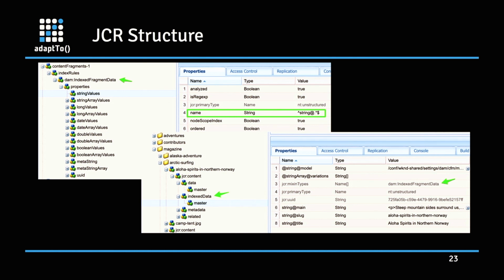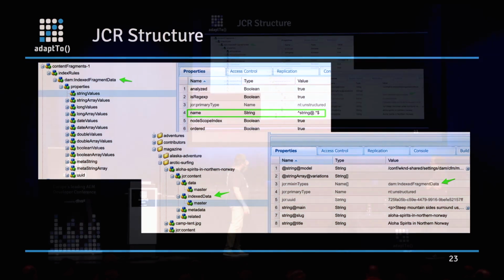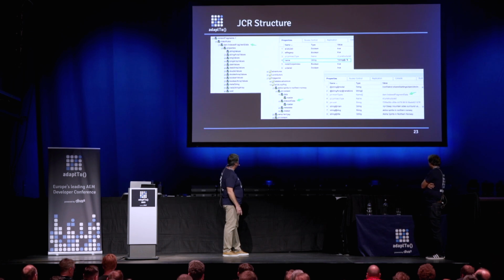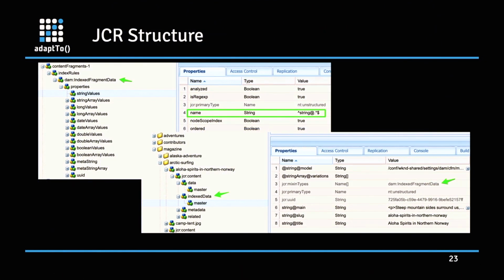On this screenshot you see that when I edited a content fragment in the editor, it just added the new mixin type to the index data, master, which is the variation. And you see there's string, then add main. This is a specific notation, and you can see why it is like that, it's on the top.